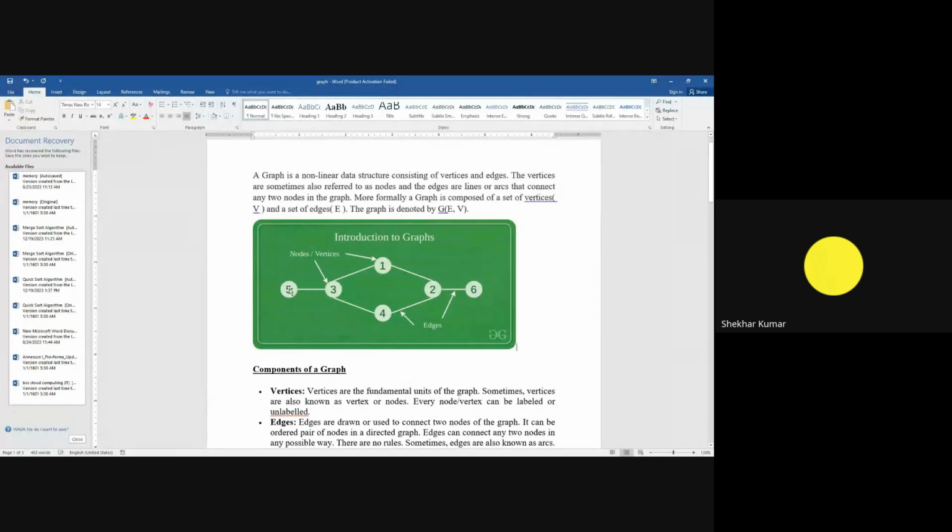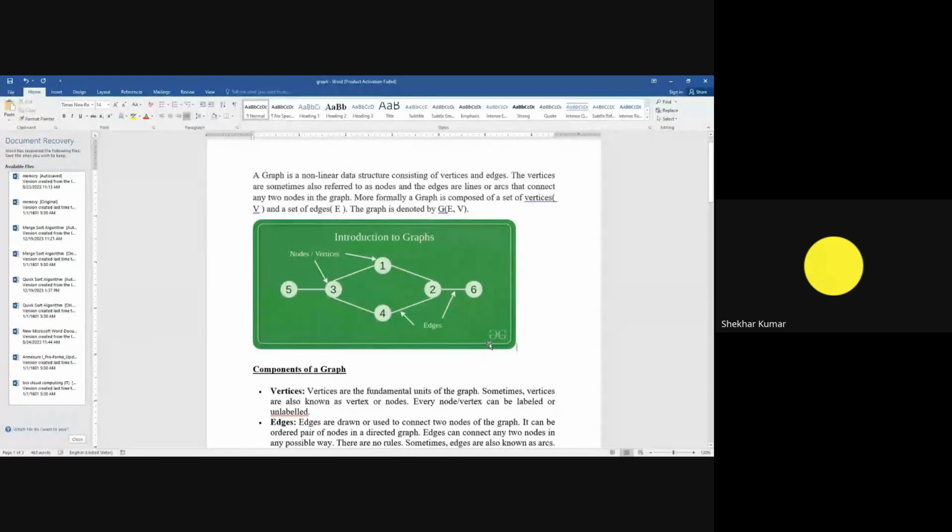These circle-like structures in which 1, 2, 3, 4, 5 is written are called the vertices of the graph, and the lines which are connecting these nodes are called the edges of the graph. So these circle-like structures are called the nodes or vertices of the graph, and the connection between two nodes, these lines, are called the edges of the graph.